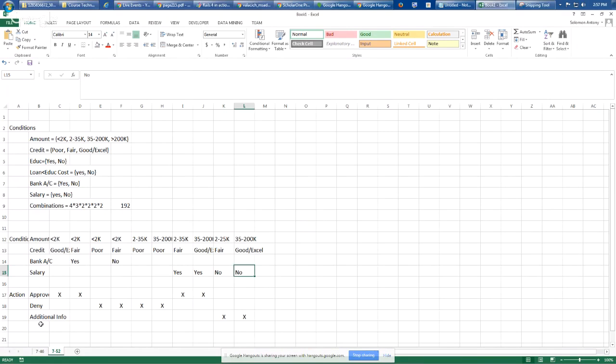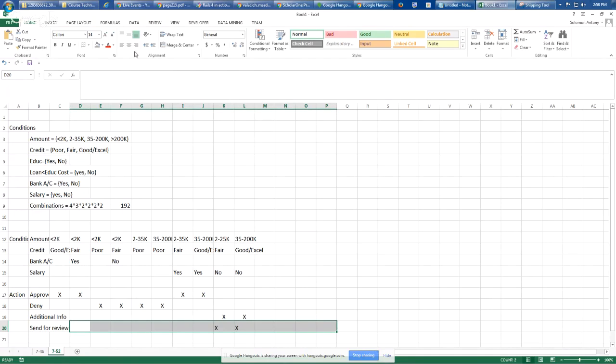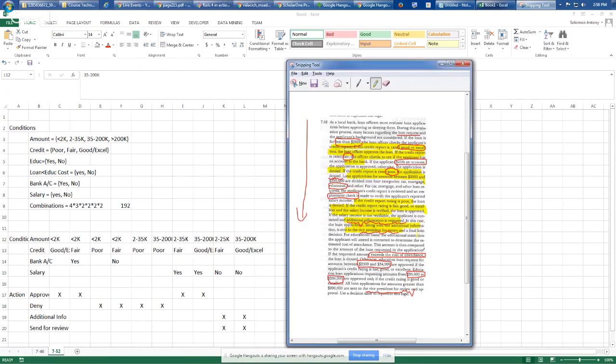So in addition, we get additional information and then we send it for review. Another action for these two cases. So that takes care of these two.